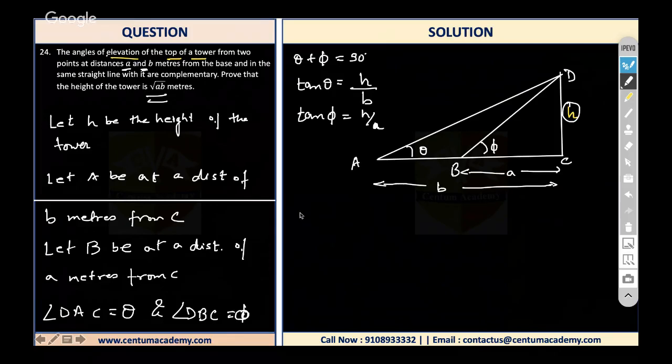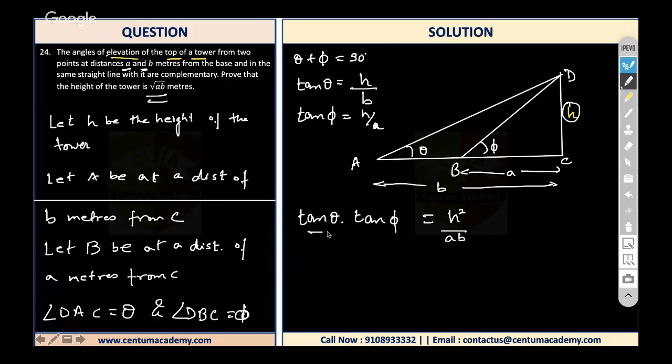Tan theta into tan phi is equal to h square by ab. Why am I multiplying? There's a trick behind it. The question is asking how do I get a into b, so I multiply tan theta and tan phi, then you'll get ab on one side.